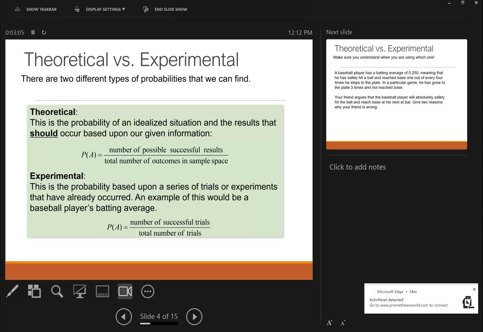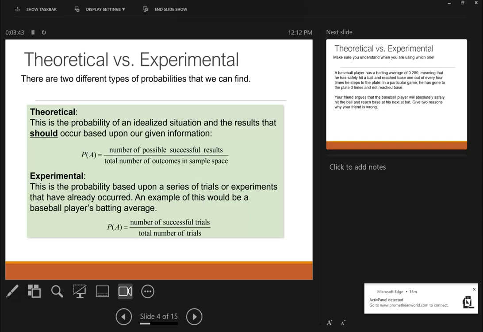So let's say that I'm flipping a coin. What's the probability of getting heads? Yep, 1/2. That's a theoretical probability though, right? What did you assume when you found that probability? You made an assumption there about my coin. It's fair, that heads and tails are equally likely, right?